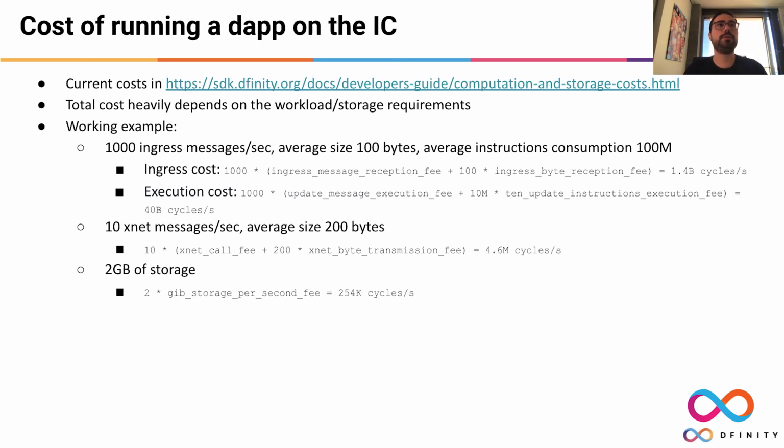As for a comparison, I'm not sure if we have published anything around this, but if you go, for example, on AWS, you can figure out the cost that they have for uploading data or storing data, right? And then again, based on your estimates of how much load you would have and how much data you need to store, you can probably do some comparison between the two, like AWS and the Internet Computer.